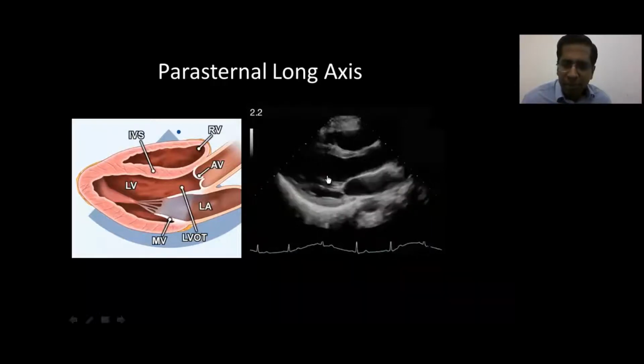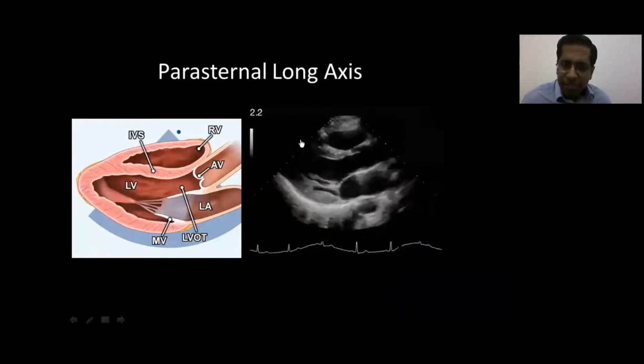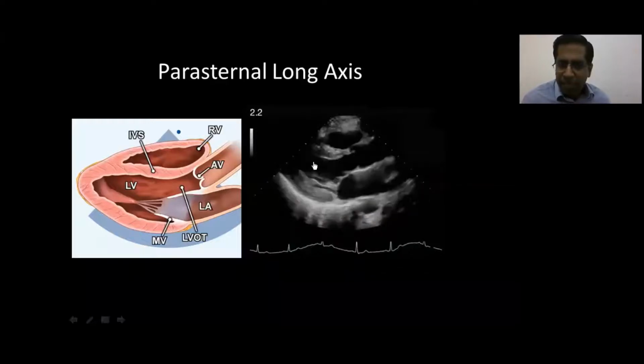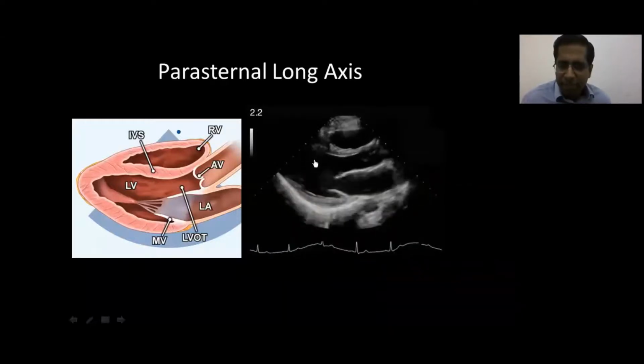Sometimes it may not be possible to get this kind of view where the LV and aorta lie like this. You may have a view which is closer to the apex, and you may get an apical long axis view, but that would be in rare circumstances. Most often you should try to get a view which looks like this.